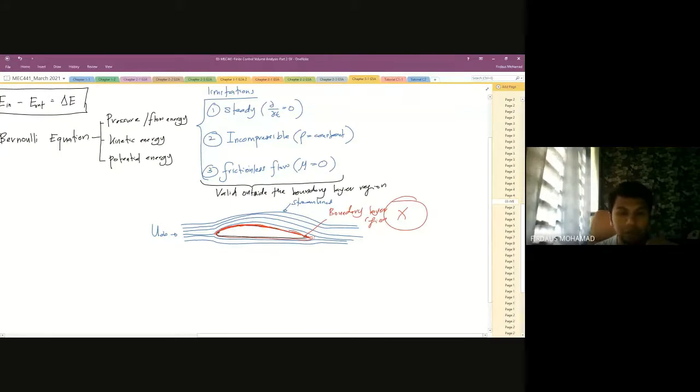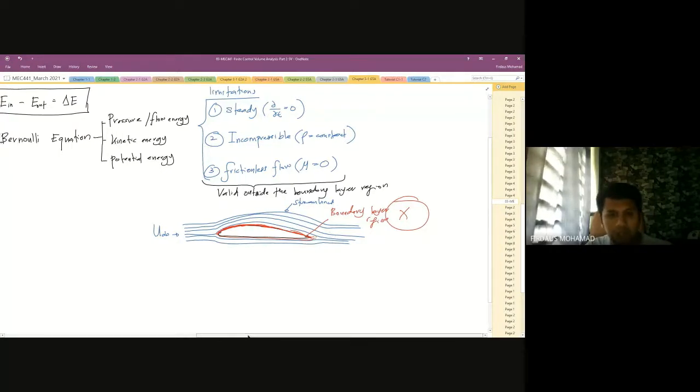Okay, there is no effect of friction between the body and also the streamline. So that's why in this blue region, the Bernoulli equation is valid. So that means we can determine the pressure, we can determine the velocity based on the Bernoulli equation. Okay, so that is the limitation of the Bernoulli equation.